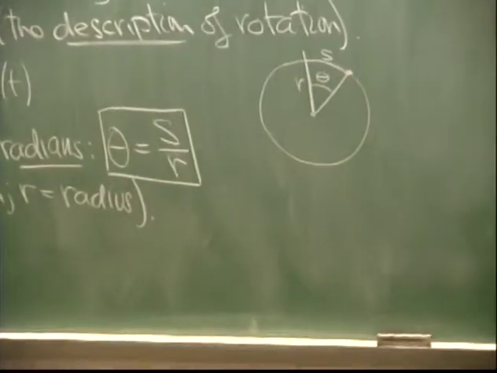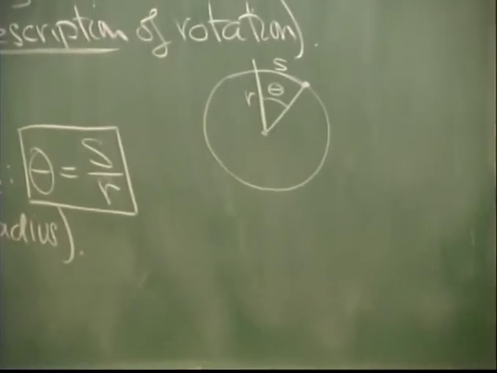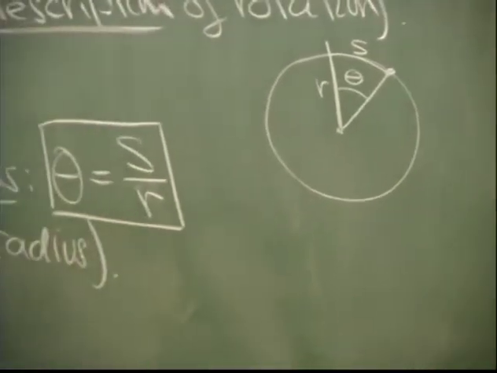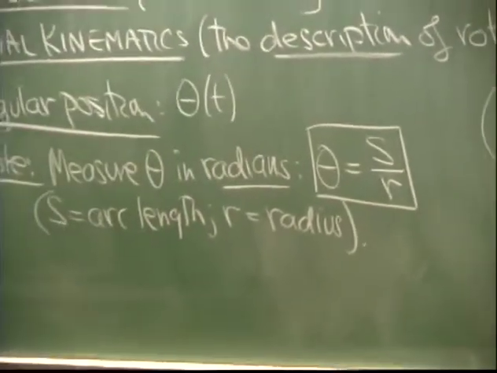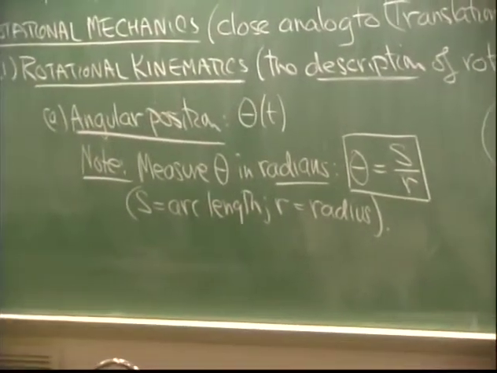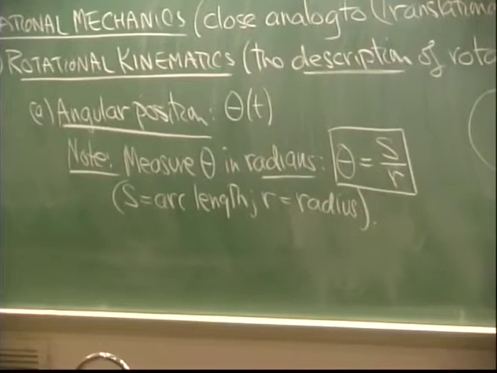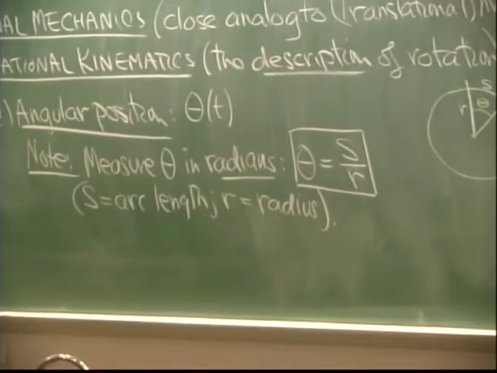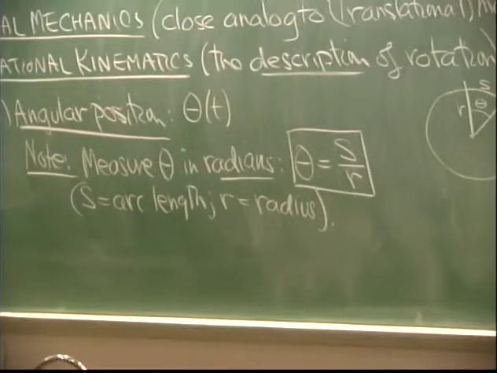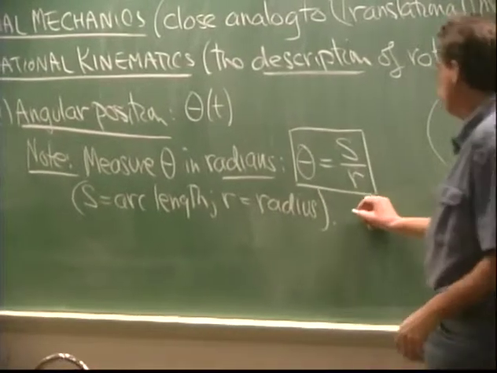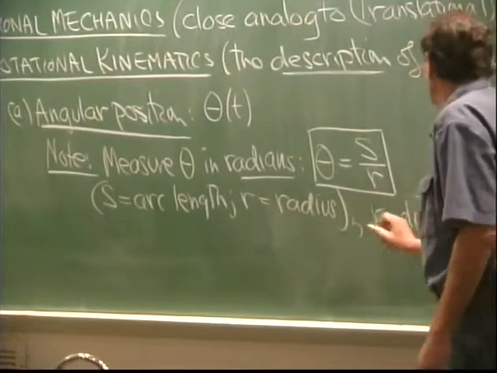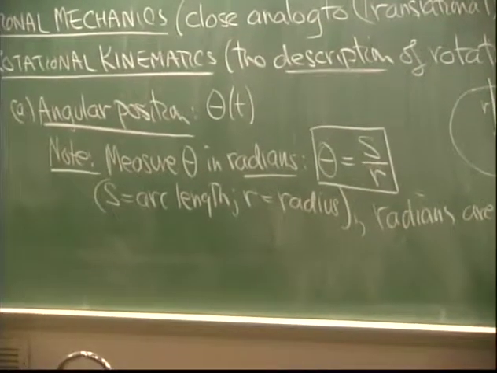Still, it is a good idea in this business, I think, to mention, if you say to somebody, I'm talking about an angular position pi, to write it as pi radians, just to remind the reader that you are not talking about degrees or revolutions or something like that. So, radians are dimensionless.